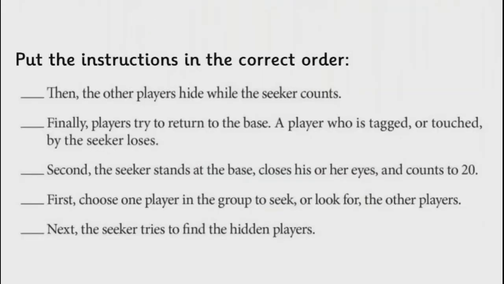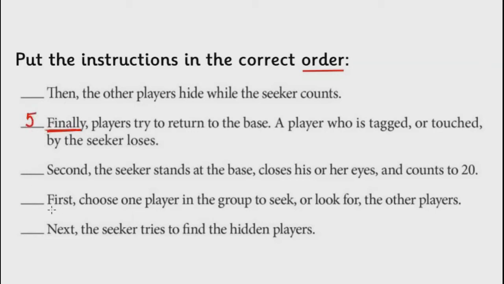So here are the instructions. Let's put these instructions in the correct order. 1, 2, 3, 4, 5. We have 5, and before even reading the sentence, I can see this word finally. So I know that this sentence must be the last sentence. So let's put this as number 5.